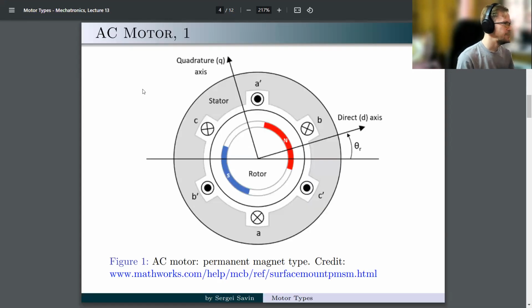So the big difference between a DC motor and an AC motor at first glance is the lack of a brush. If you remember, the idea of a DC motor was that we would change the direction of the magnetic field by using brushes that would disconnect one direction of the current flowing through the coils and connect another direction.